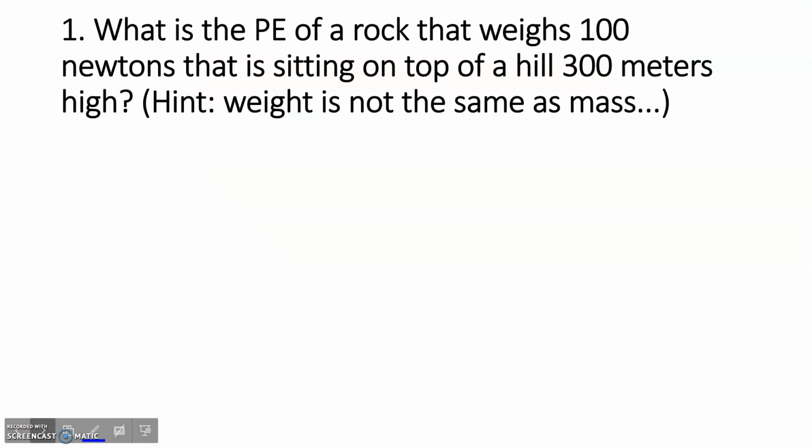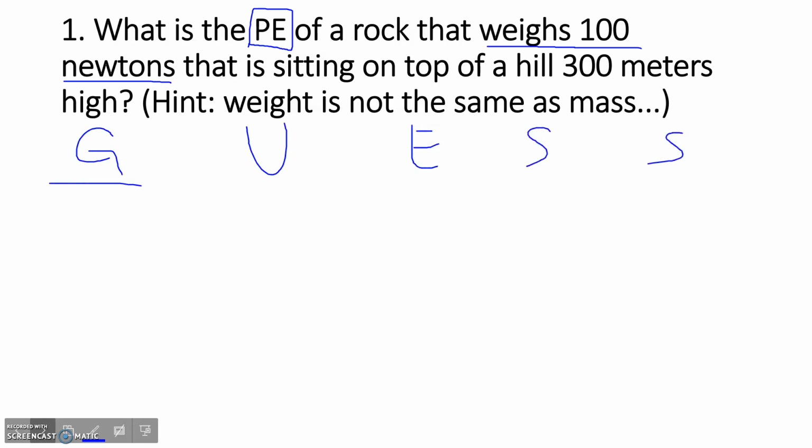So let's practice. Number 1, what is the potential energy? We're solving for the potential energy of a rock that weighs 100 newtons. So using our GUESS strategy, there are some things that we can go ahead and write down. We have some givens, and we already know our unknown.